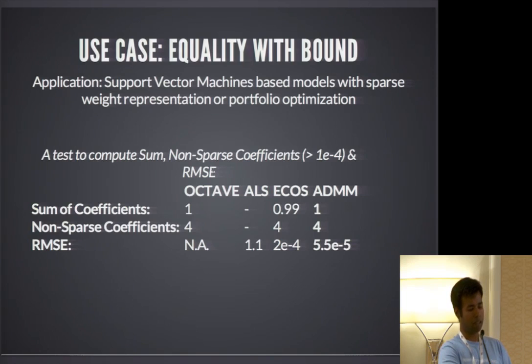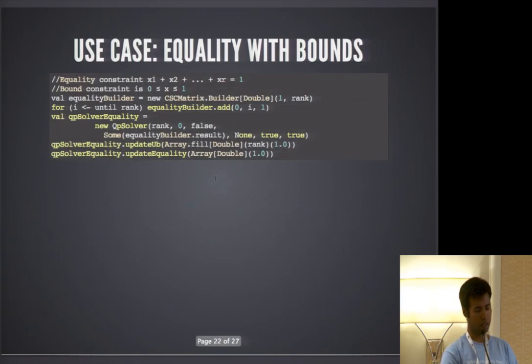In this, again, ALS cannot solve this, but our results, both ECOS and ADMM based, were very close to Octave. This is again a bit more difficult because you have to specify the structure of your equality constraint. First, you build a compressed sparse matrix, which shows what kind of equality you want to force.